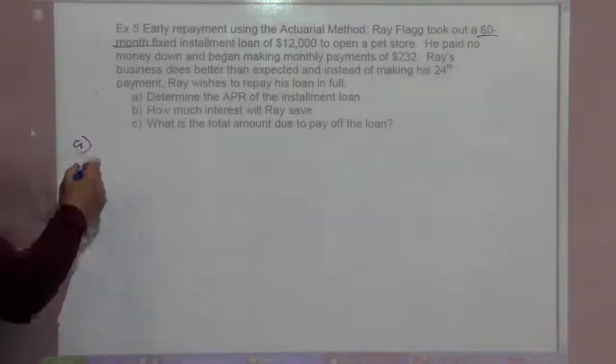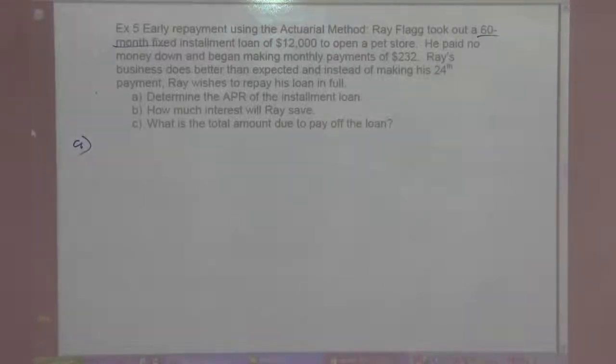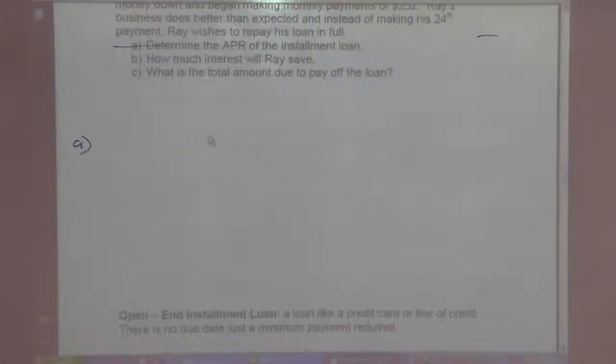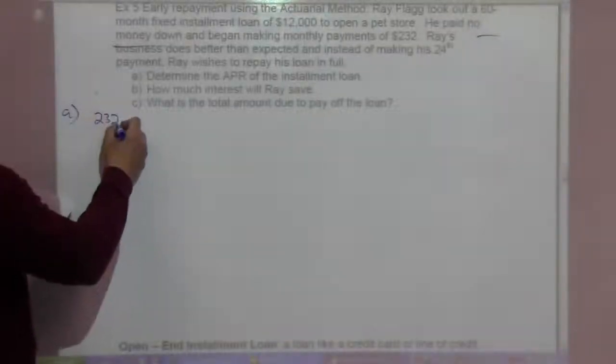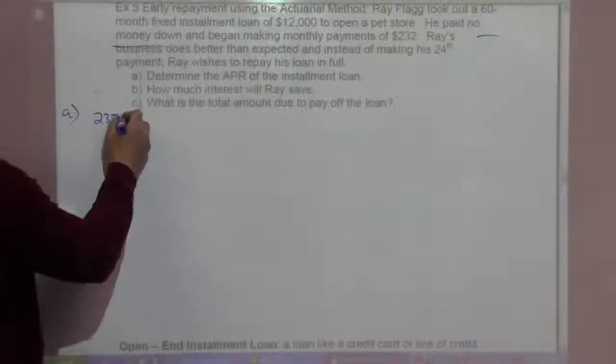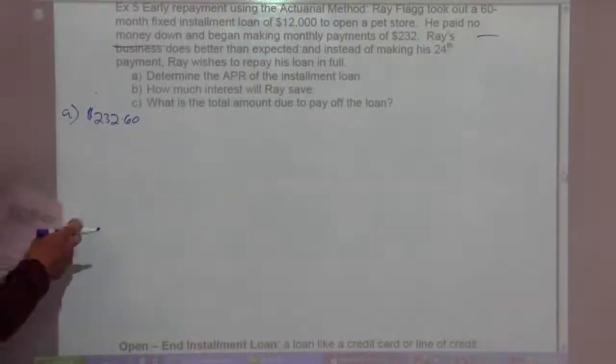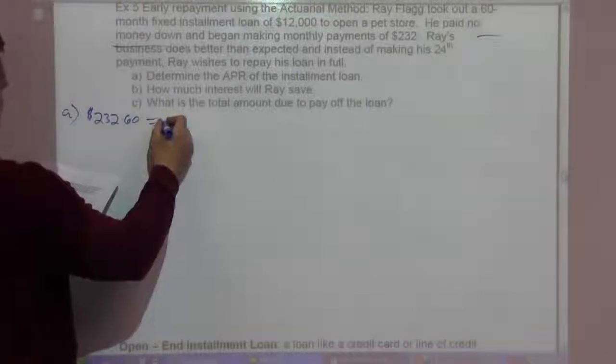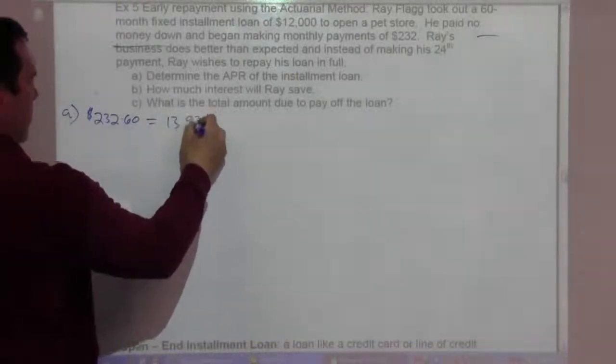So the first question. Let me see if I can scroll this up a little bit more so I have a little more space. Okay. $232 a month times 60 months is $13,920.